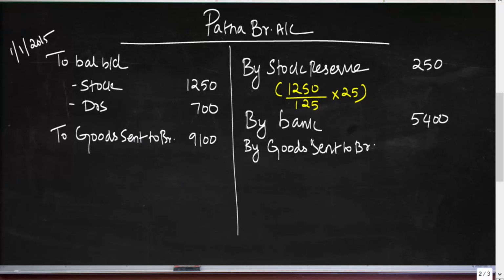And how we'll calculate that? It is simple. 9,100 divided by 125. What is for 25? Multiplied by 25, and that works out to 1,820. So in this way we have removed the profit loaded on goods sent to branch.